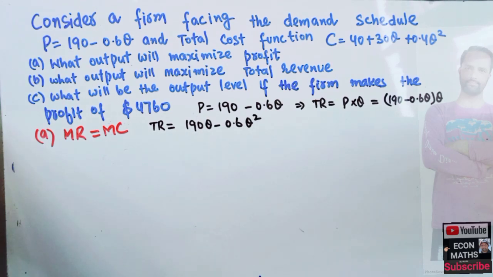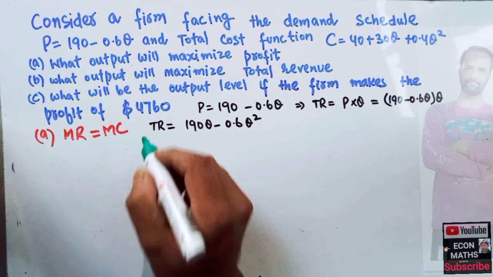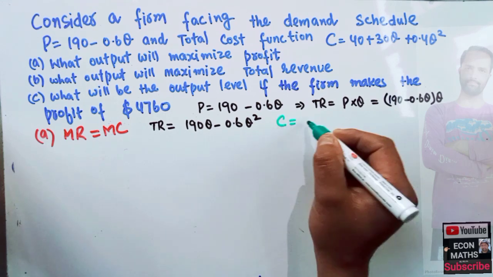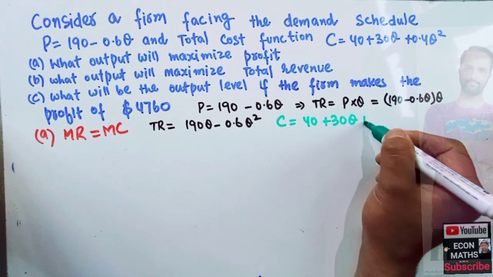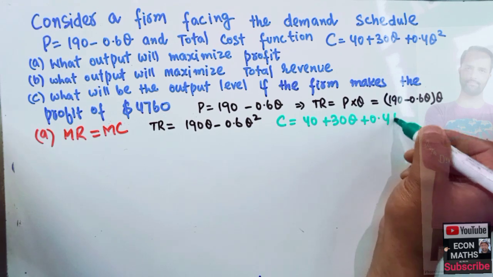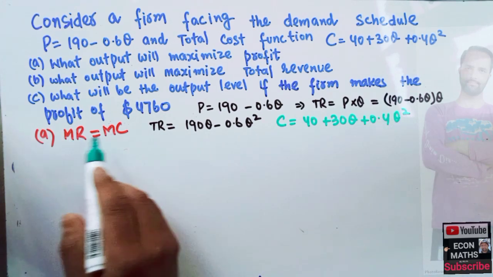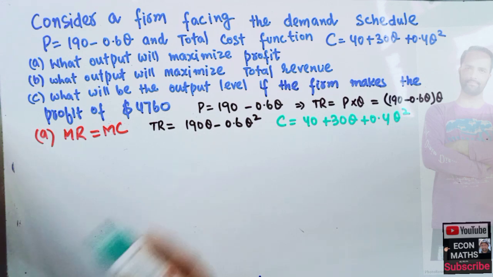Also we are given the total cost function, and let me write it here. Total cost function is 40 plus 30Q plus 0.4Q square. Marginal revenue should be equal to marginal cost for profit maximization.